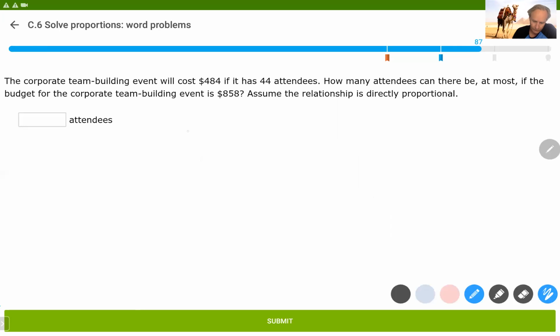$484 for 44 attendees. That means that they are paying, 44 goes in there 11 times.